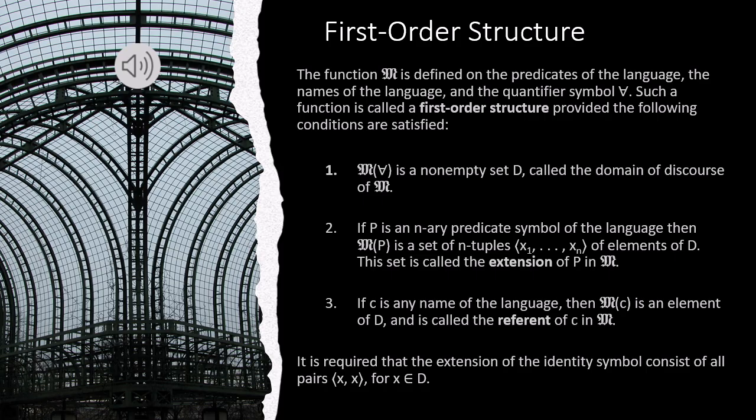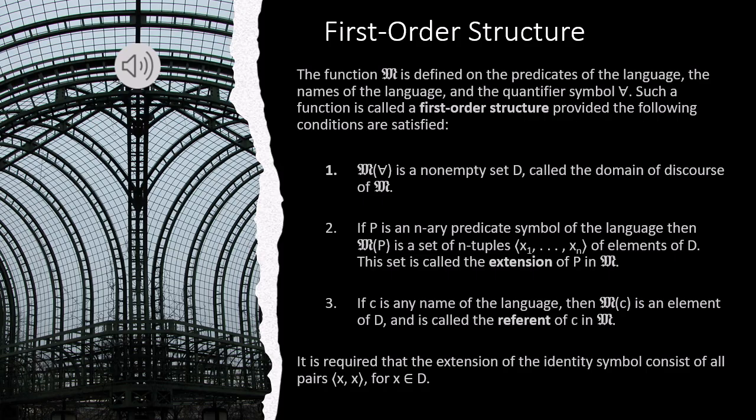And we'll think about that set as being the domain of discourse of our function M. And there you'll notice that there's a slight typo, that M should have been a Fraktur M. But that universal quantifier gets mapped to our domain of discourse.